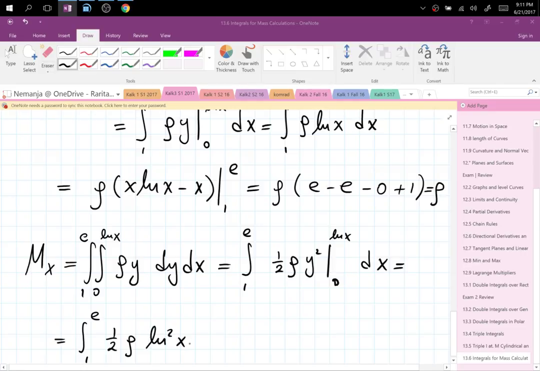And then minus 0, and then we have dx. 1/2 rho is the constant, so you can kick that outside. And now we have to integrate ln squared x dx.